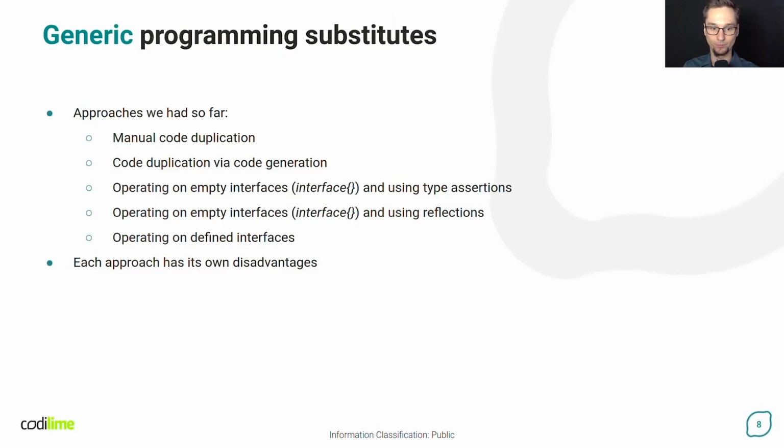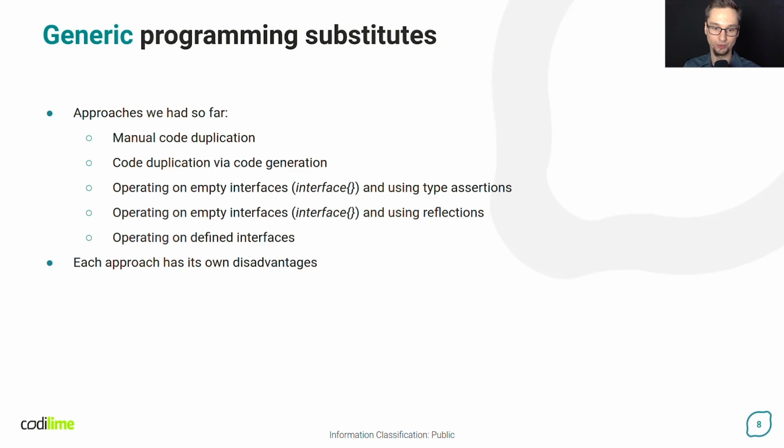So Go programmers needed to use other techniques to write generic algorithms. Those techniques were mainly manual code duplication via code generation, operating on empty interfaces and using type assertions, as well as using reflection or operating on defined interfaces.